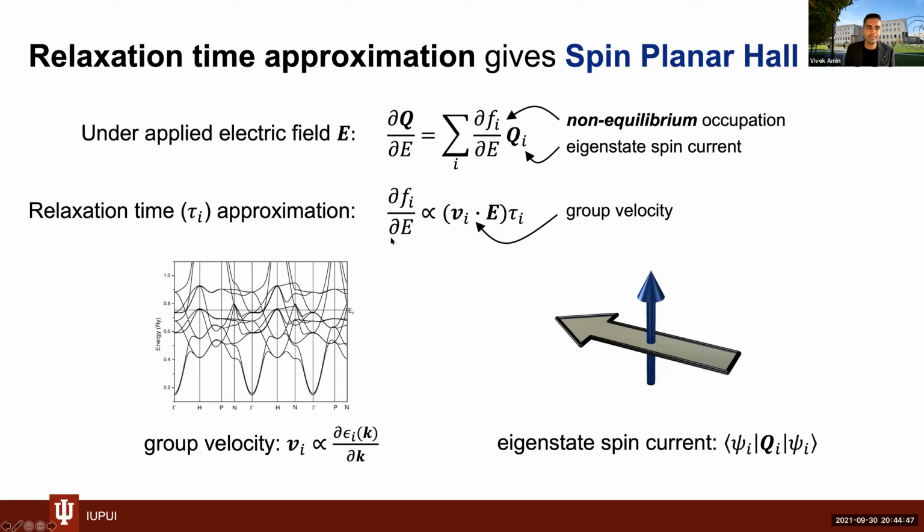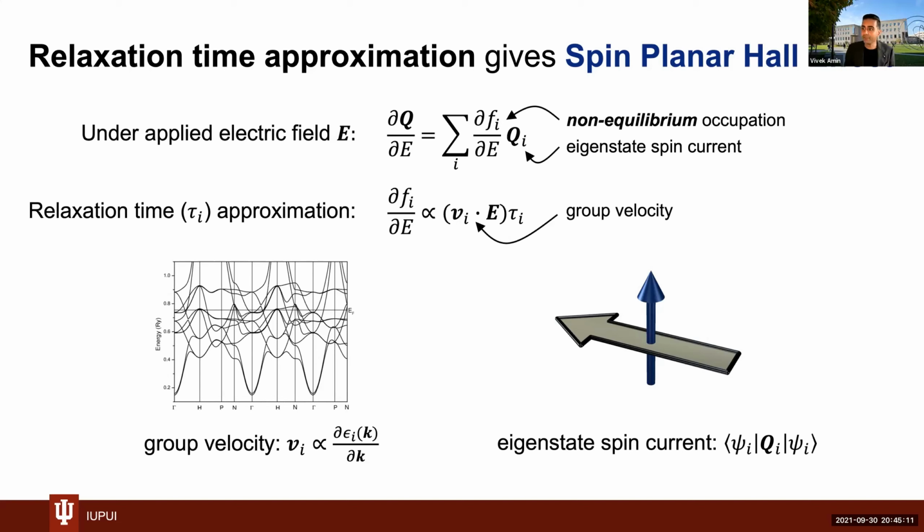We model it using the relaxation time approximation, which is proportional to a phenomenological parameter called the relaxation time times the group velocity. So we can obtain both of these things, the group velocity and the eigenstate spin current, again, from ab initio calculations. So we can get a realistic estimate in this case, in the absence of disorder, for what this sort of spin current would be.